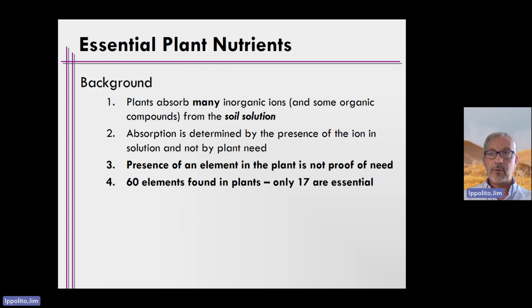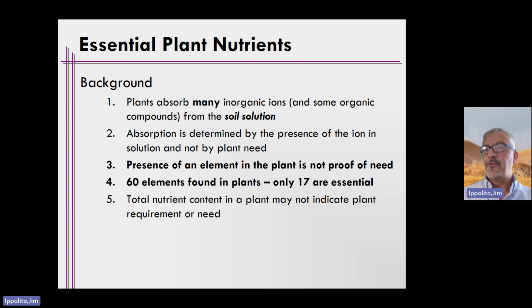In fact, if you were to take a plant tissue and analyze it, there's at least 60 elements that have been found within plants, but only 17 are essential. And thus, the total nutrient content in a plant certainly may not indicate that the plant is requiring those elements.